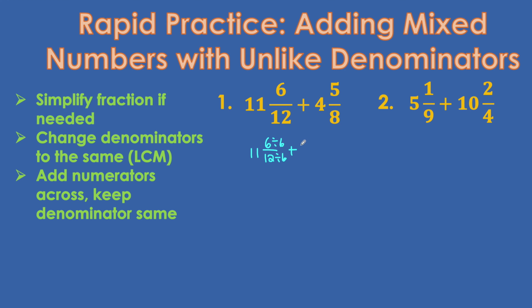And let's just copy the rest. If it helps, you can rewrite this so that the whole numbers are together and the fractions are together. So we're just going to evaluate this fraction. 6 divided by 6 is 1. 12 divided by 6 is 2. Then we just add 5/8.